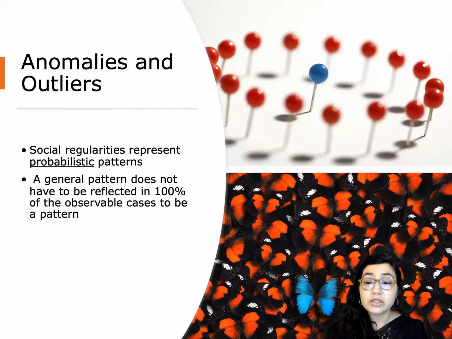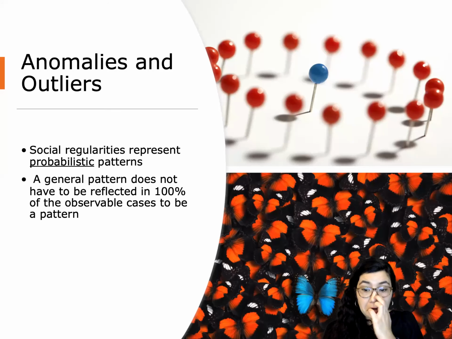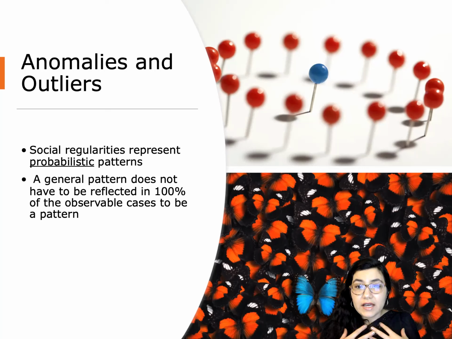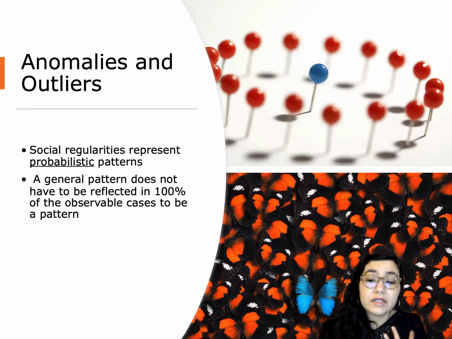Like in these images, the blue butterfly is the anomaly, the blue pinpoint is the anomaly. Generally, all these things are red or orange, and we can state that in this setting, butterflies are red and orange, and that's true. So a lot of our truth, as we said, is consensus building, is collective, is about quantities and aggregates.